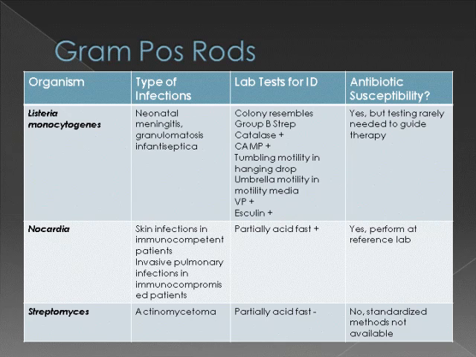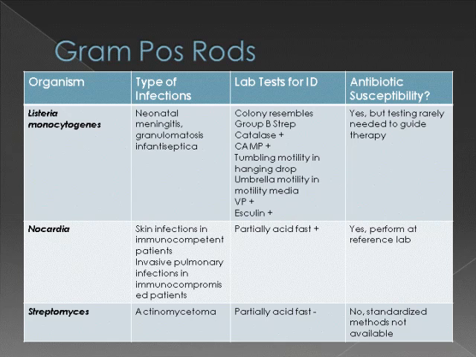So if you miss those critical tests of doing a gram stain, which would differentiate the group B strep because it's a gram-positive coccus from the Listeria, which is a gram-positive rod, and you forget to do the catalase, catalase is negative for the strep, where it's positive for Listeria. Some techs can mistake the two. Susceptibility would be necessary, but testing is rarely needed to guide therapy for this one.